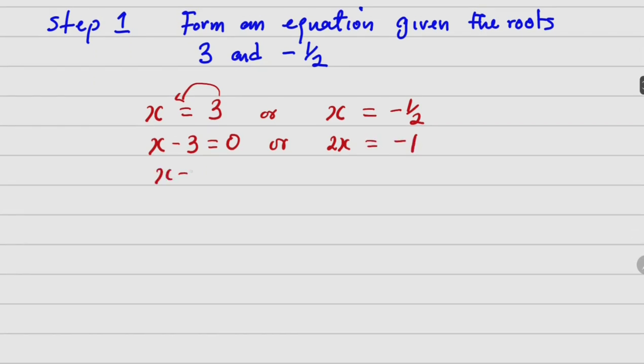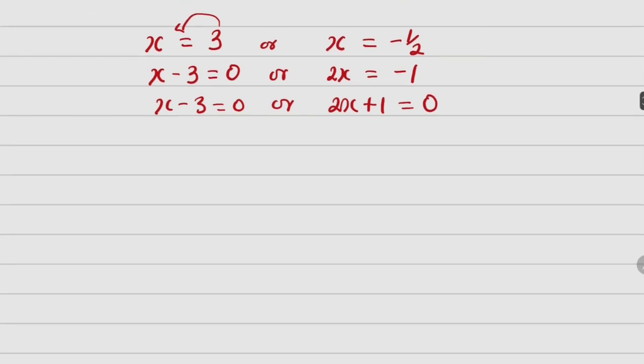So this is x minus 3 equals 0, or we have 2x plus 1 equals 0. I'm forming the equation now. Once we know that each of them equals 0, it means when I multiply them, (x minus 3)(2x plus 1), everything must still be equal to 0.